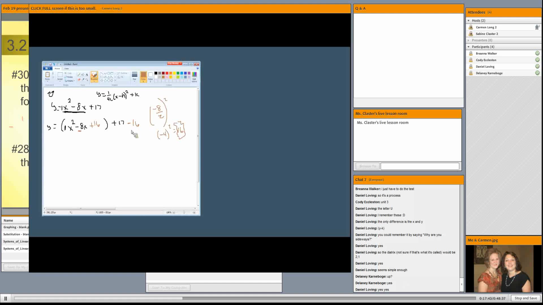By doing both, we don't change the equation at all. We could have added 22 and taken away 22, but that doesn't help us. We added this special number because it makes this part a perfect square trinomial. So then this is x minus 4, because negative 4 times negative 4 is 16, and negative 4 plus negative 4 gives me my negative 8. And then 17 minus 16, that's a positive 1 out here.